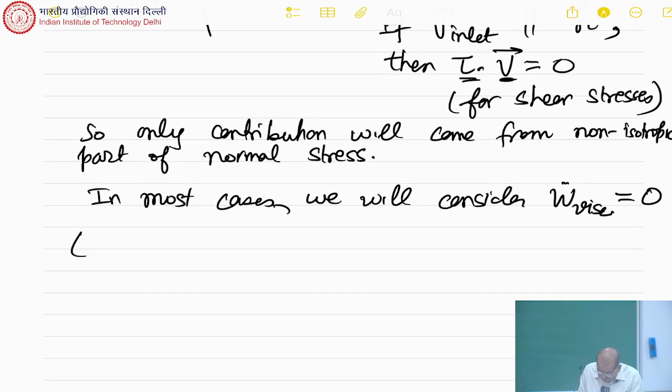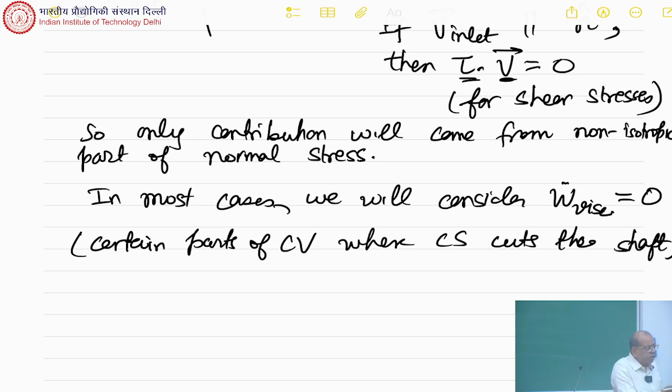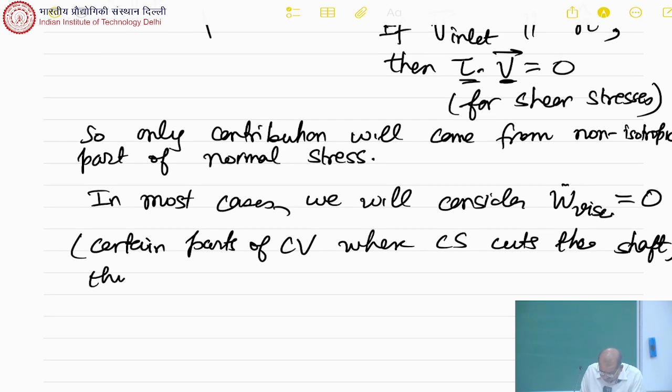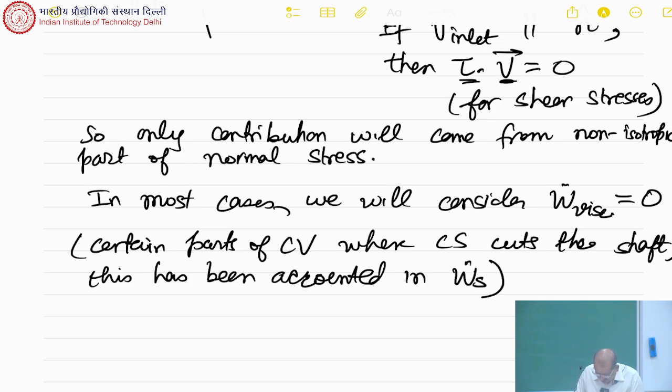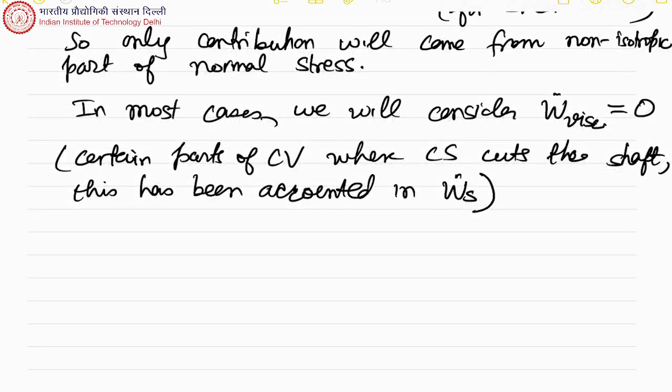And of course, the more important part is those certain parts of CV where the control surface cuts the shaft. See, there the work done is important, but this has been accounted in W dot S. So we say in most cases, viscous work, particularly when you have a solid surrounding, is nearly 0.